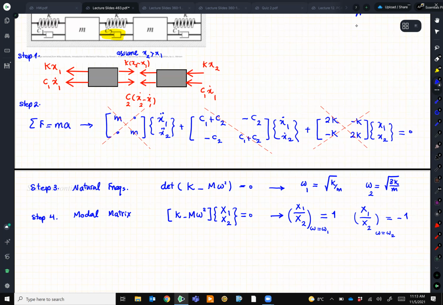All right. So trusting my calculations, I can form my modal matrix because I know my mode 1 is 1 and 1, and my mode 2 is 1 and minus 1.